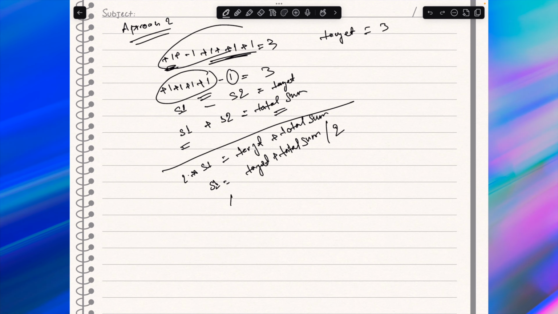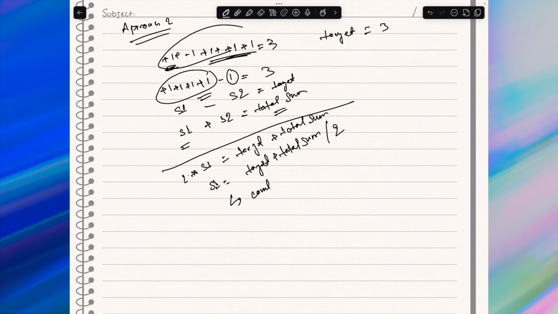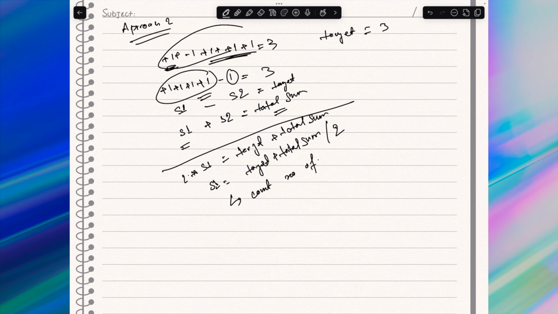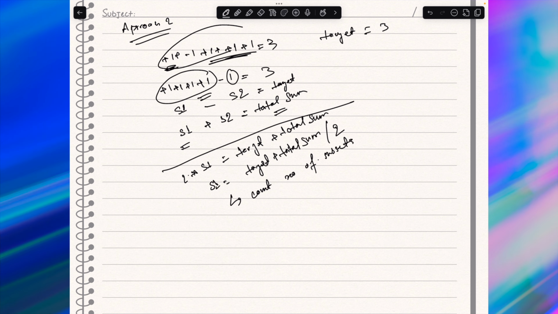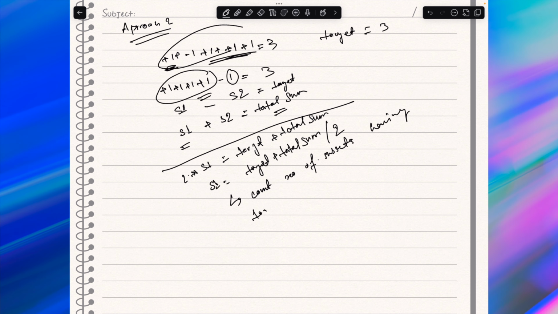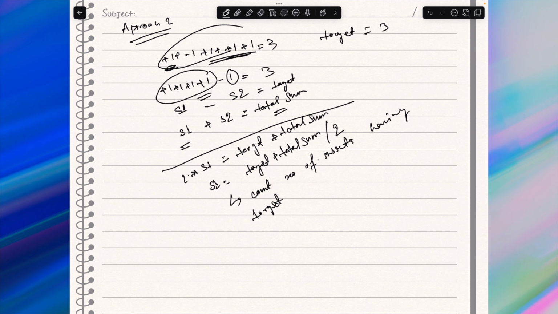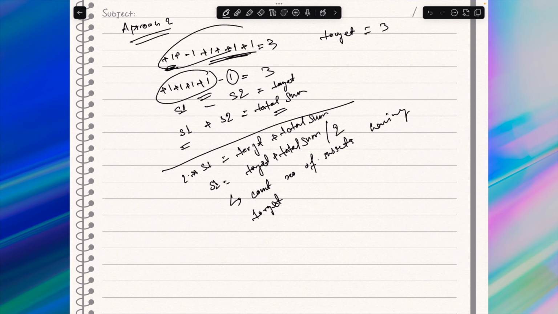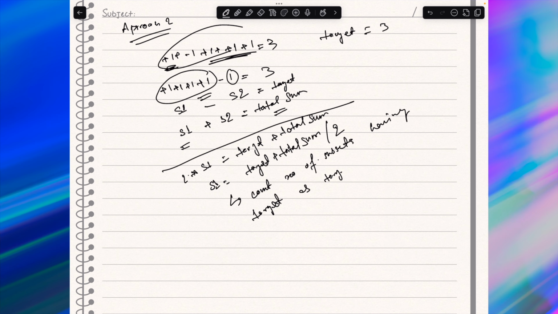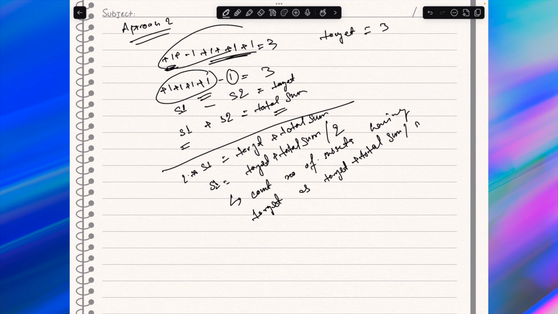So now this problem becomes: count the number of subsets having target as target plus total sum by 2.